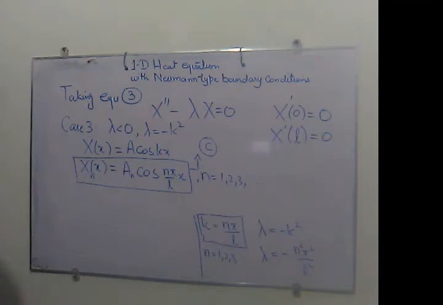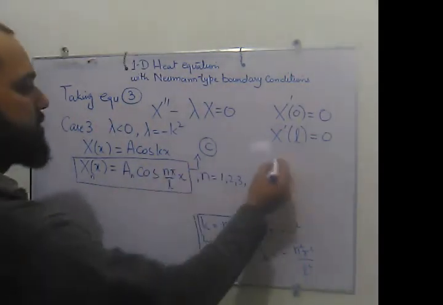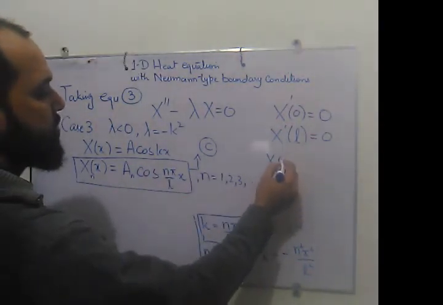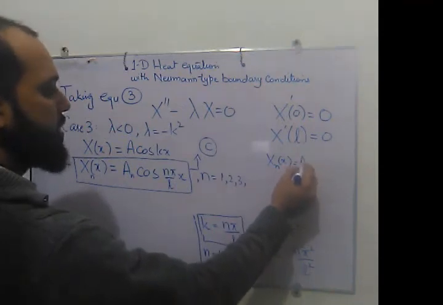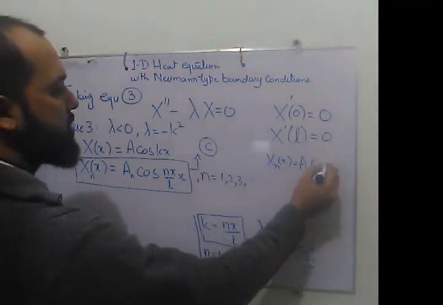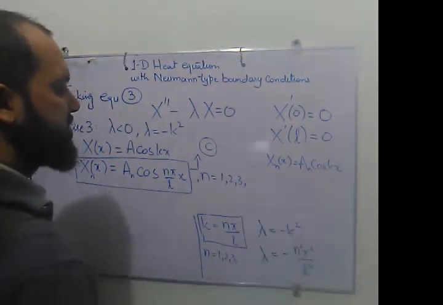Now we can take equation number 4, which is the T equation. So we write our result here, X n of x is equal to A n cos kx.